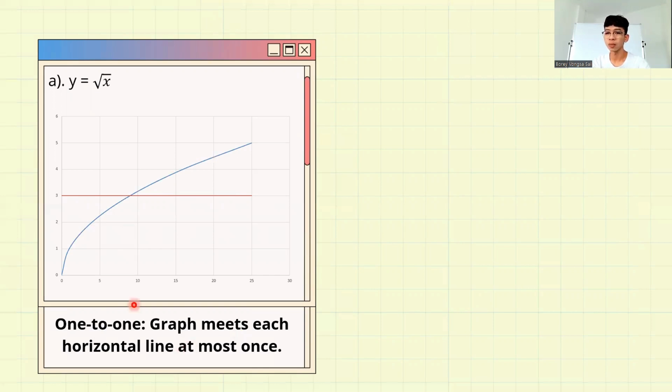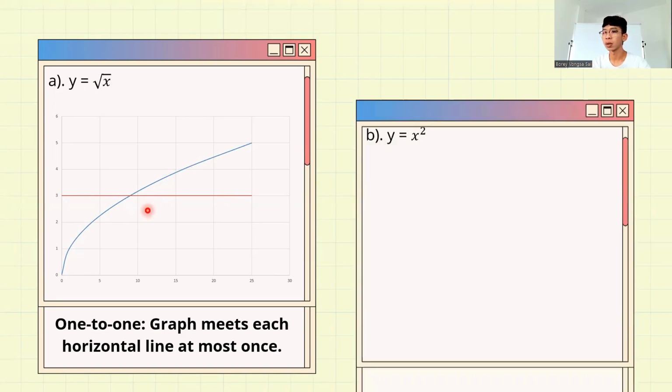Where is the intersection point between the graph and the horizontal line? It is right here, and there is only one. For any horizontal line, there's only one intersection point between the graph and the horizontal line.